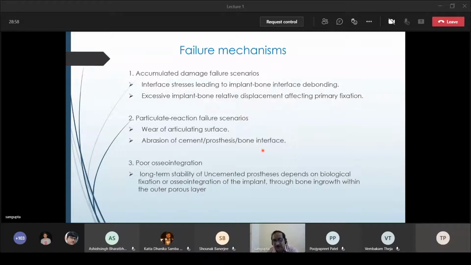Now, if we consider historically the Charnley prosthesis, as you all know, Sir John Charnley was a pioneering man who discovered hip replacement. He had a stainless steel femoral implant and a high density polyethylene acetabular component.